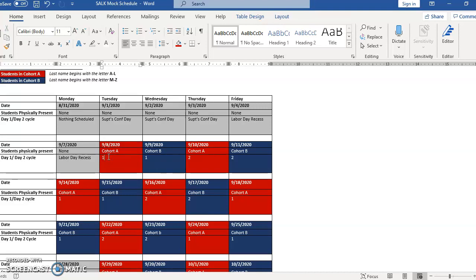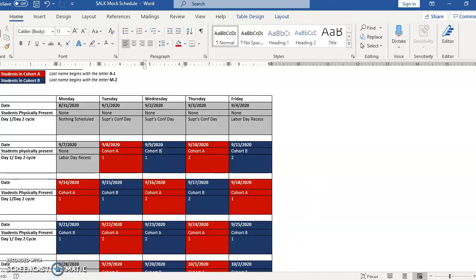Or if you're in sixth grade and you opted to work in the auditorium, that's where you'll be as well. So the next day, Wednesday the 9th, cohort B will be in person, again following that day one schedule, whereas cohort A will be home following a day one schedule, working remotely.